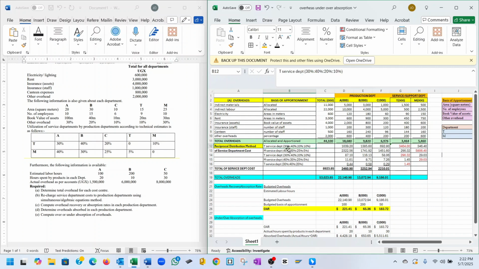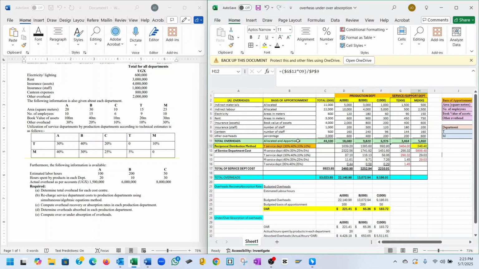So the percentages have been given to you here. Okay, 30%, 40%, 20%, and 10%. Now we are going to share the service department M. And this is where I want you to pay particular attention. Now, when we shared the T department, M department got a percentage.